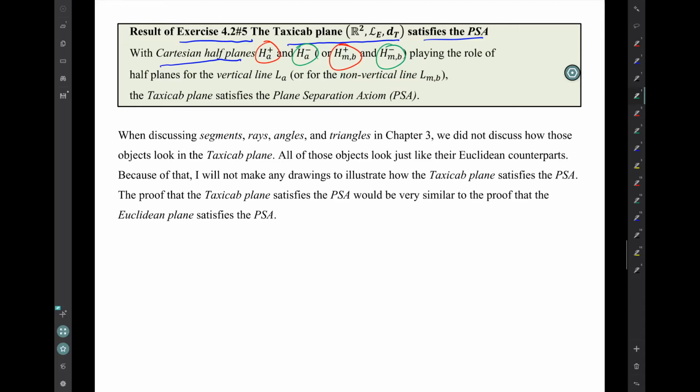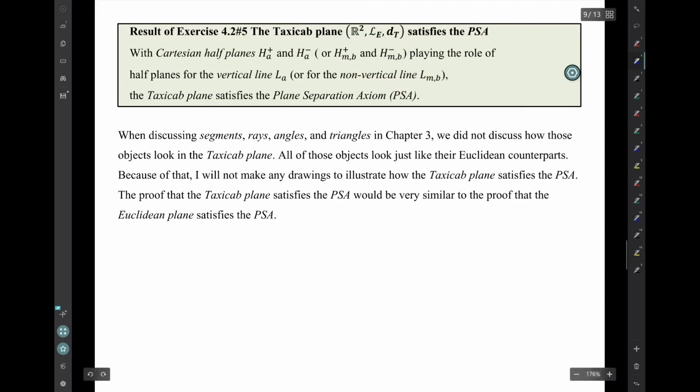They can play the role of half planes for the taxicab geometry as well. Now, as with the Euclidean plane, these half planes with that symbol play the role of half planes for the vertical line with that symbol, whereas these half planes with these symbols play the role of the half planes for the non-vertical line that has that symbol.